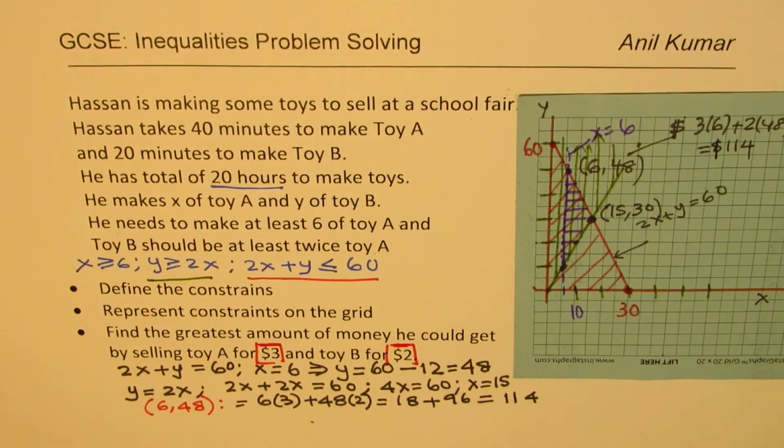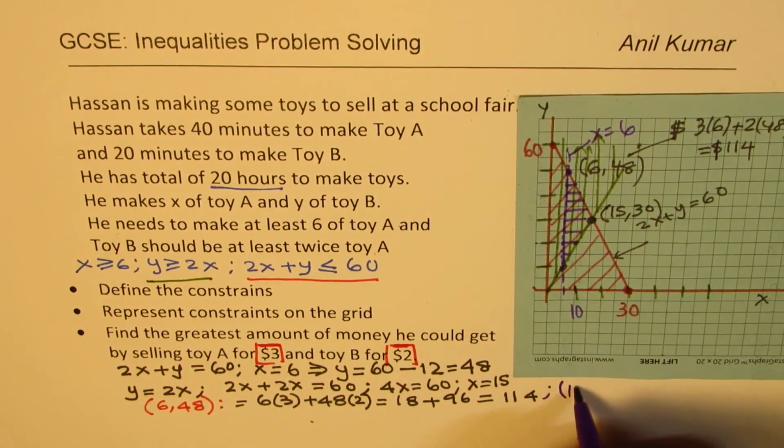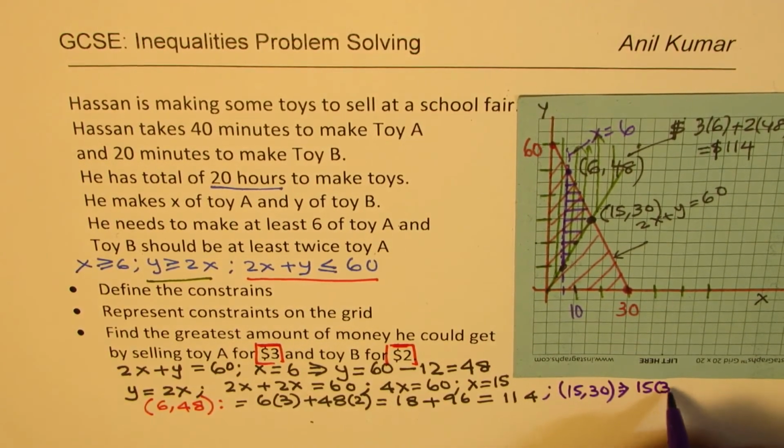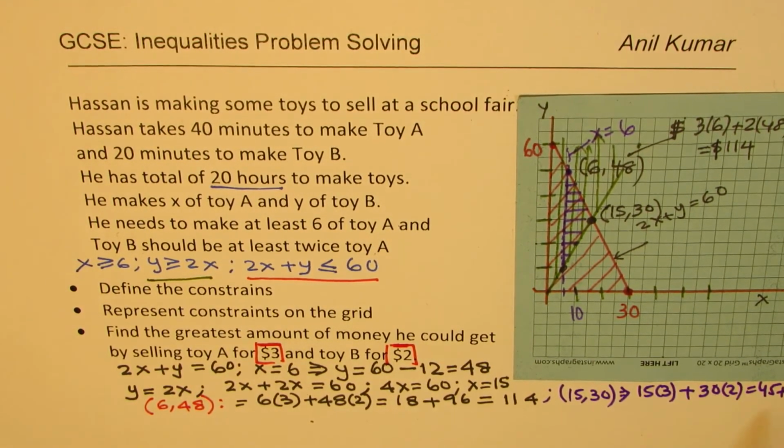That is the amount. Let's calculate for the other value, which is 15 and 30, right? So let's do it in a different ink. So for 15 and 30, we have 15 times 3, which is 45, plus 30 times 2, which is 60. So 45 plus 60 is 105.